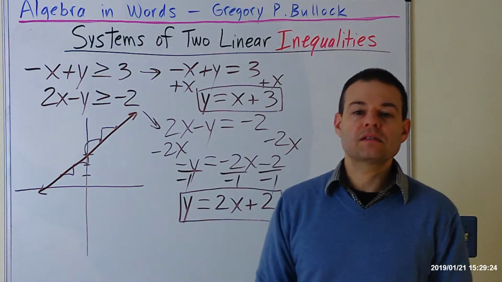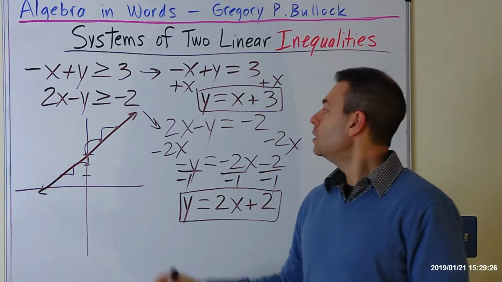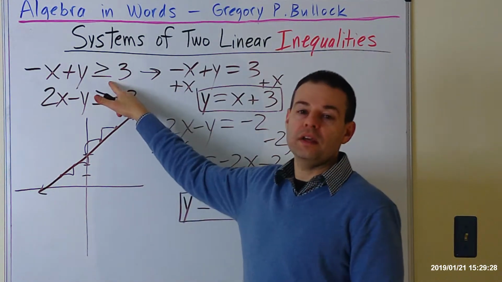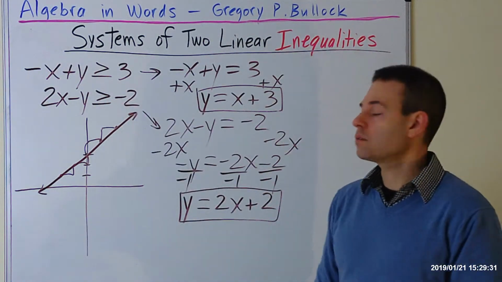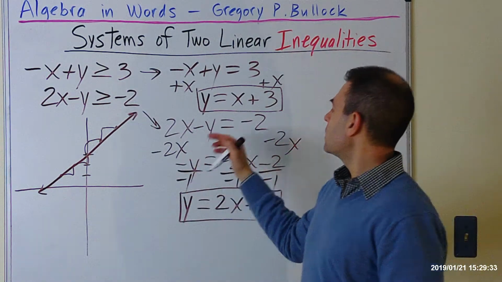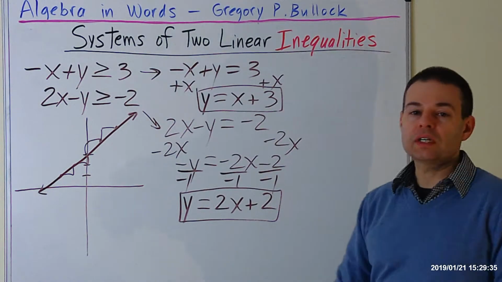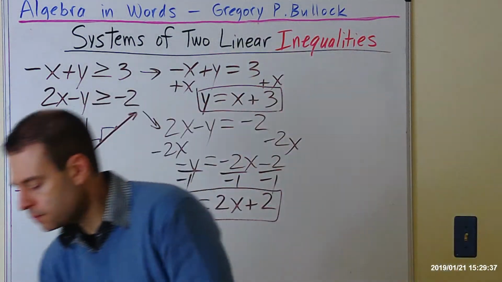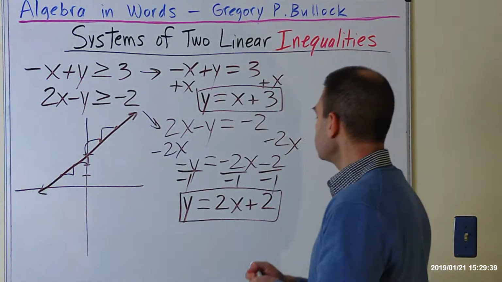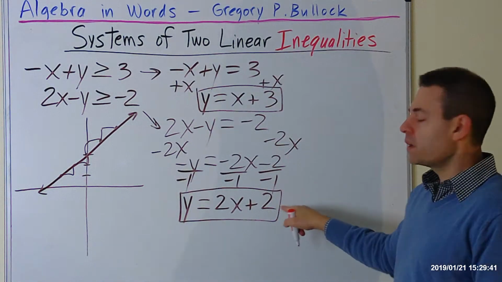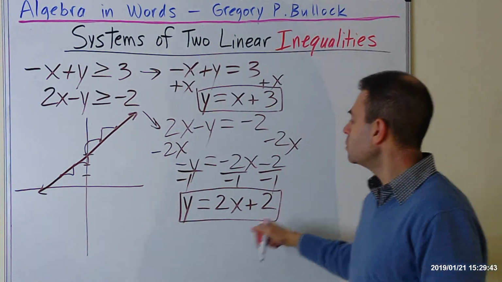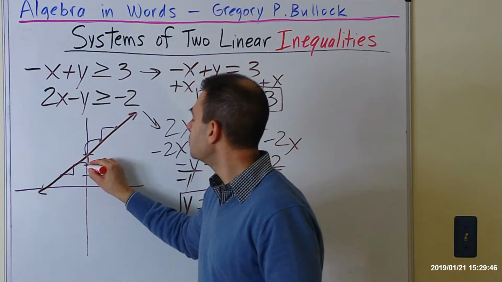Do we want that line solid or dotted? We want it solid because these are inclusive inequalities. All right? And let's go to the next equation, which is this one. I'm going to use red for that. And again, starting with the y-intercept 2, let's go to here, 2.